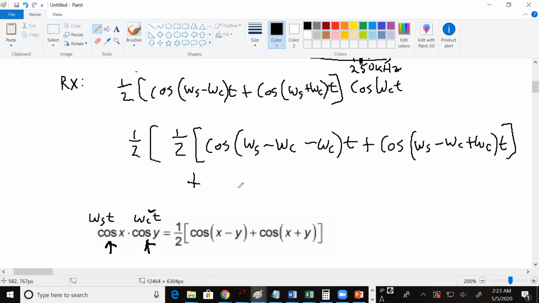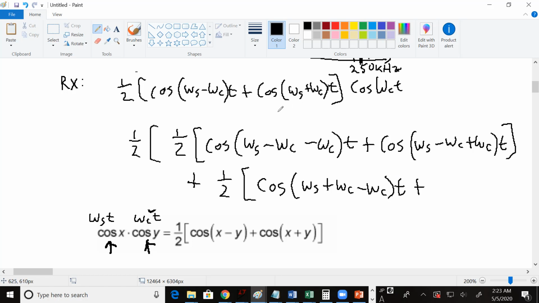Then you actually have a second term, which is this times this. Again, using this trig identity, you get 1/2 cosine. Again, this is your x now, so you've got omega s plus omega c, and then minus omega c t. That's the first term of multiplying.